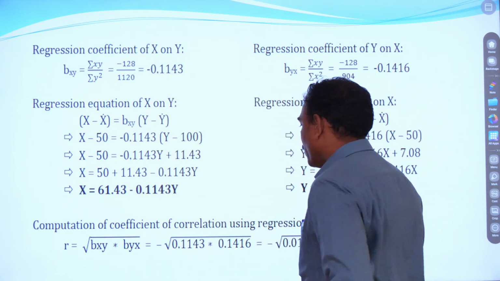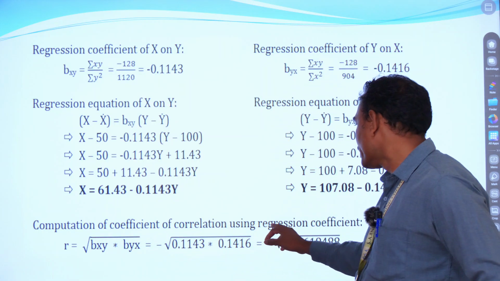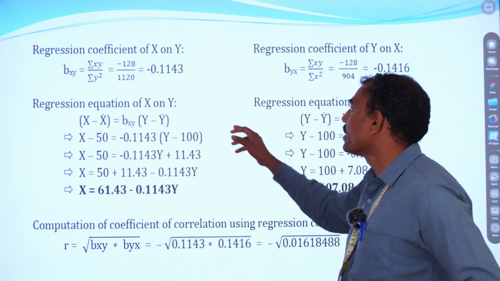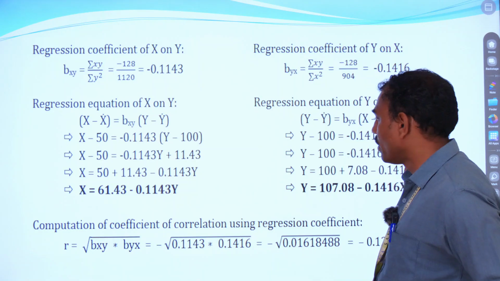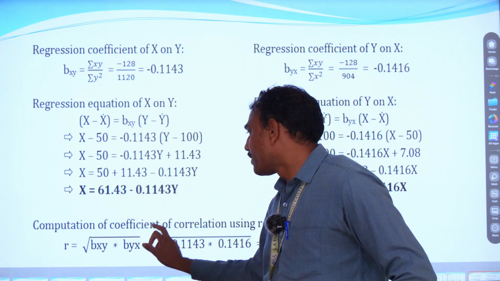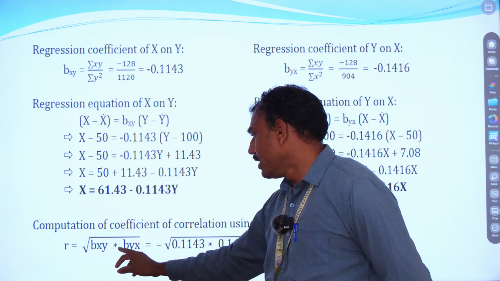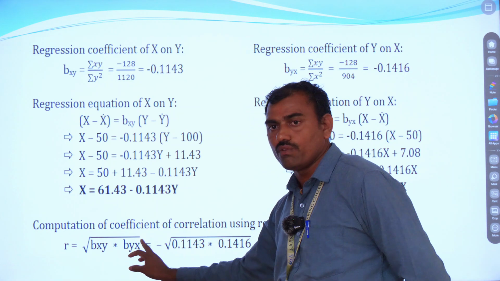The last one is the computation of the coefficient of correlation using the regression coefficients. The correlation coefficient r equals the root of the regression coefficient of x on y into the regression coefficient of y on x.